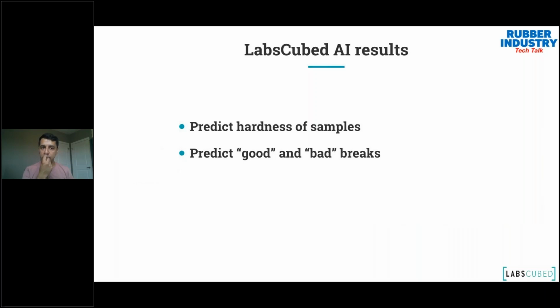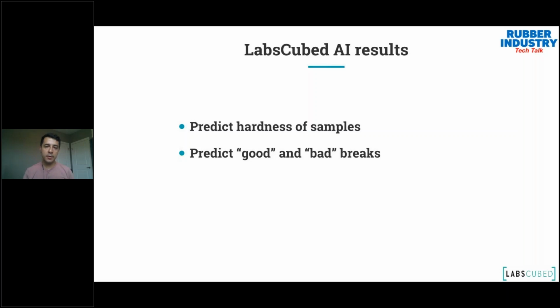I'll give you a couple of examples because of the automation we've implemented in our systems. We collect a lot of data: obviously the stress-strain curves, and we create the moduluses and all the normal information. But we also collect data on all the sensors, all the motors, how the cameras are recording, and the discolorations that might occur in the samples. All that data is being collected and saved. From that, we've played around a little bit. For example, we were able to predict the hardness of samples.